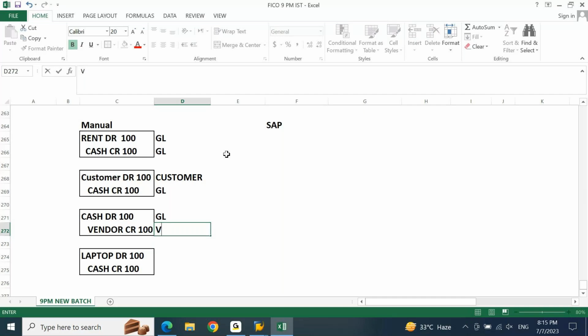In this case, we are assuming this as a vendor. In the last one, you are going to debit laptop account, credit cash account. Laptop, we know that this is a fixed asset. So I'm going to write this as fixed asset and the cash is GL account. Is this account type classification clear?